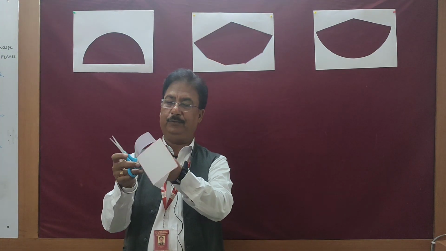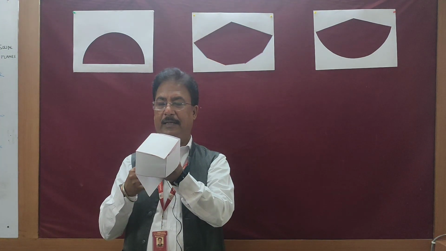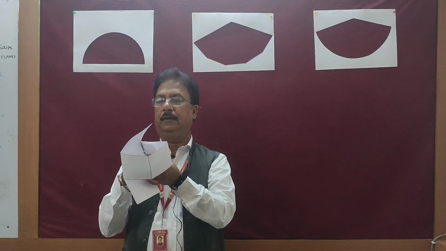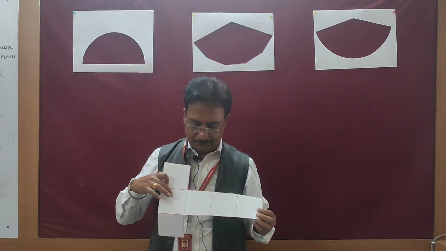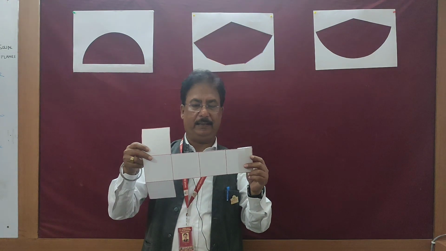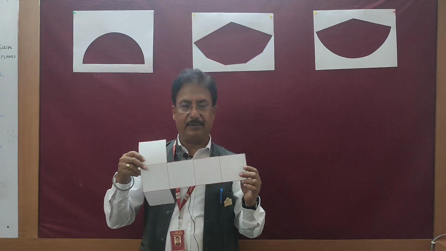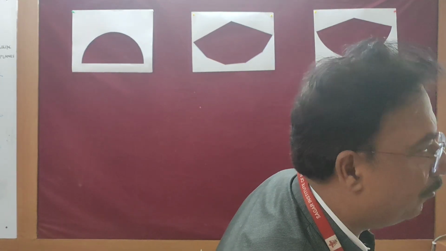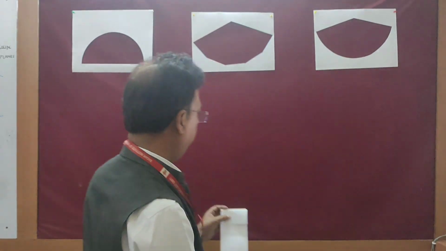Then, in reverse, I open this and lay it on a flat surface. Now look at this. This figure has 1, 2, 3, 4 squares in a row, and one upside, one downside. That is the development of this cube.